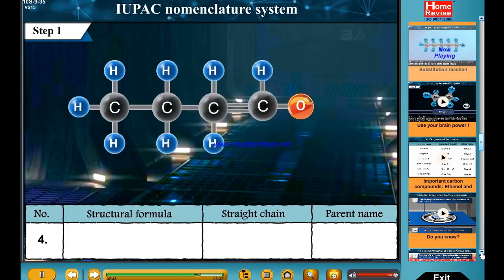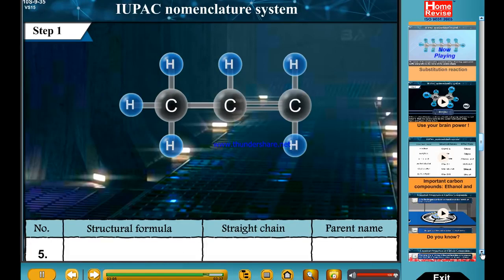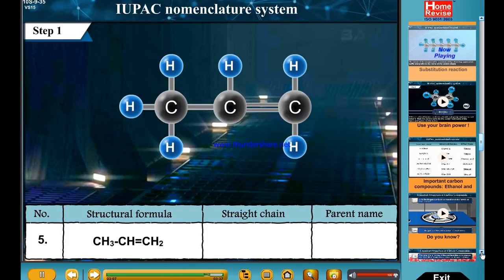4. Structural formula is CH3CH2CH2CHO. The straight chain formed is C single bond C single bond C single bond C, and its parent name is butane. 5. Structural formula is CH3CH=CH2.